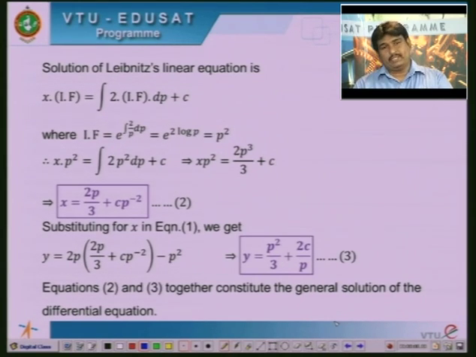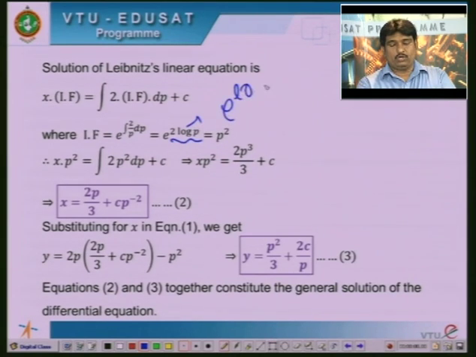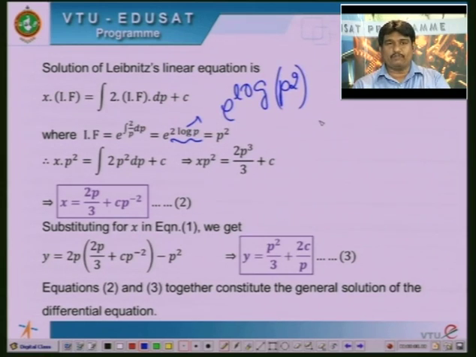Integration of 1 by p is log p, so it is e to the power of 2 into log p. 2 log p is e to the power of log of p square, and you know that e to the power of log of f of x is f of x, so you get p square here.